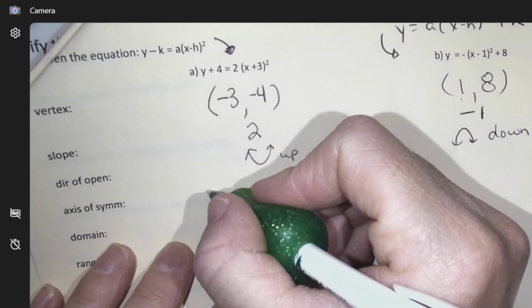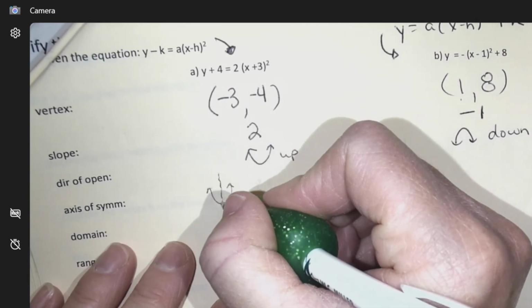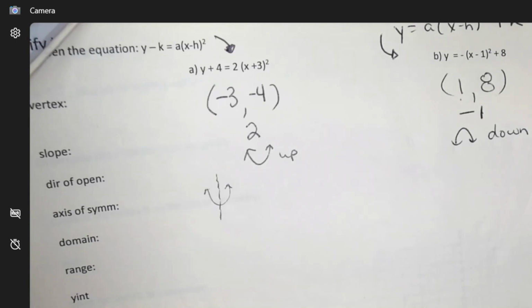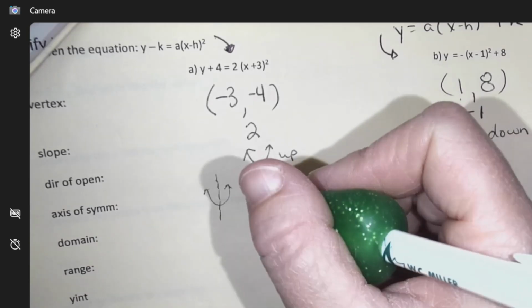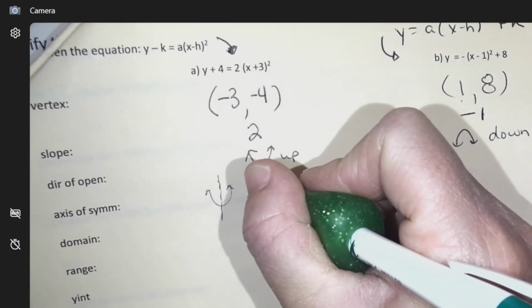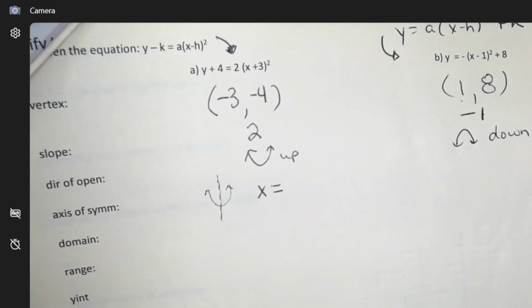Okay, the axis of symmetry is chopping it in half. If you could make that line go right through and cut it. How do you make vertical lines? You remember?